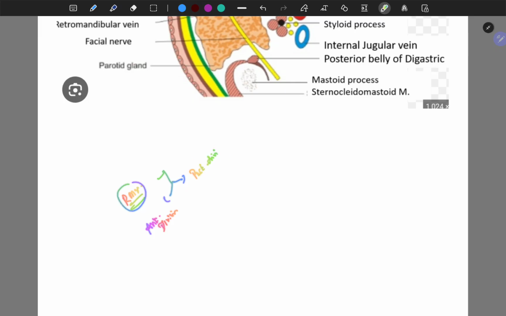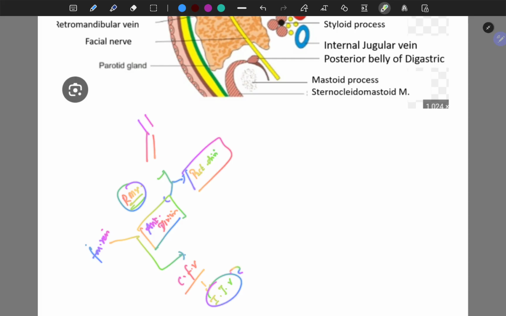Since it is called the retromandibular vein, it lies behind the ramus of the mandible. The anterior division joins with the facial vein to form the common facial vein, which drains into the internal jugular vein. The posterior division joins with the posterior auricular vein to form the external jugular vein.